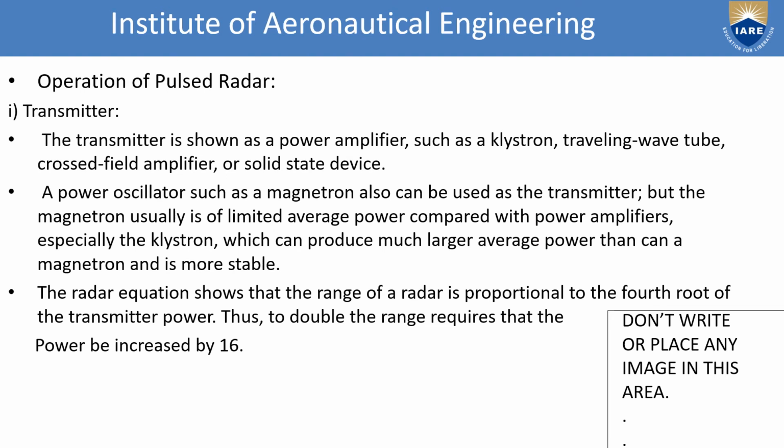Operation of pulse radar. Transmitter. The transmitter is shown as a power amplifier such as klystron, traveling wave tube, crossed field amplifier or solid state device.